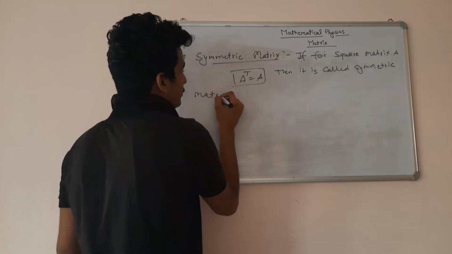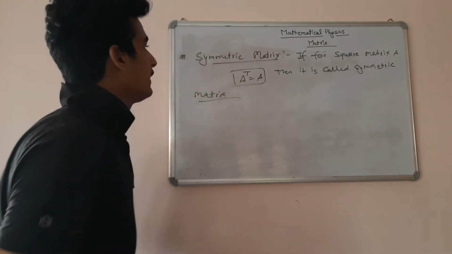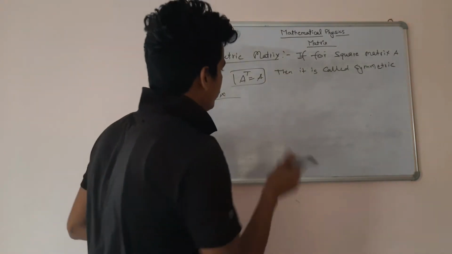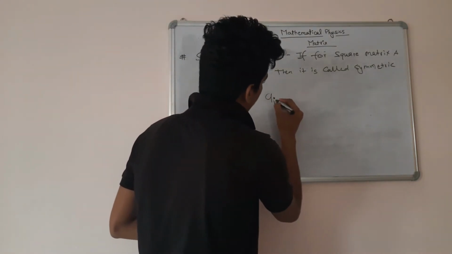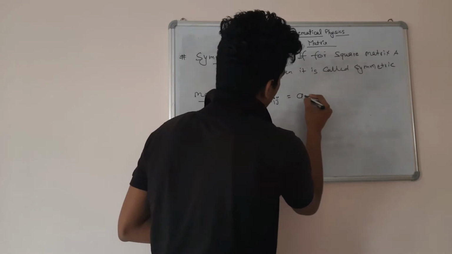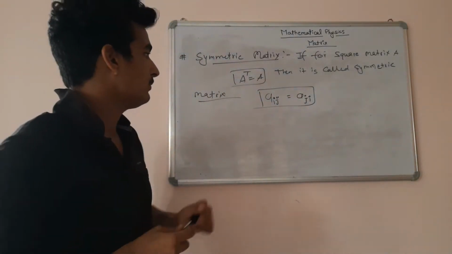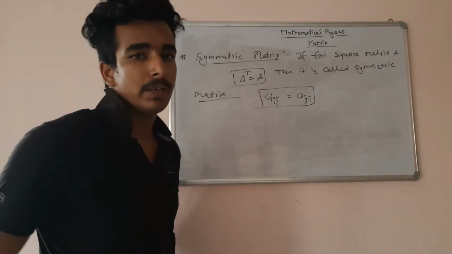In element notation form, Aij is equal to Aji. This is the definition of a symmetric matrix.